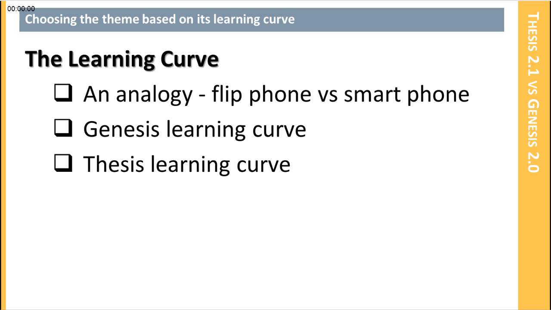And therefore, the learning curve is much shorter. Remember what I said at the very beginning, that a beginner can end up with a very polished looking site very quickly with Genesis because you start with a very polished skin and you make a few very minor changes to it, you add your content to it, and you have a polished looking website. The learning curve in that case is quite short.